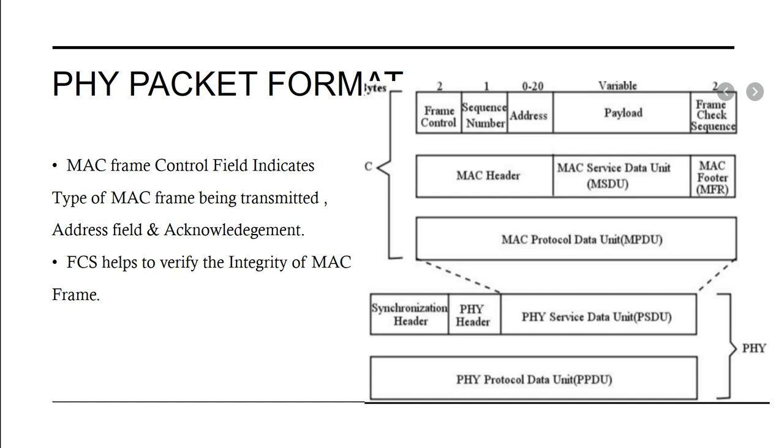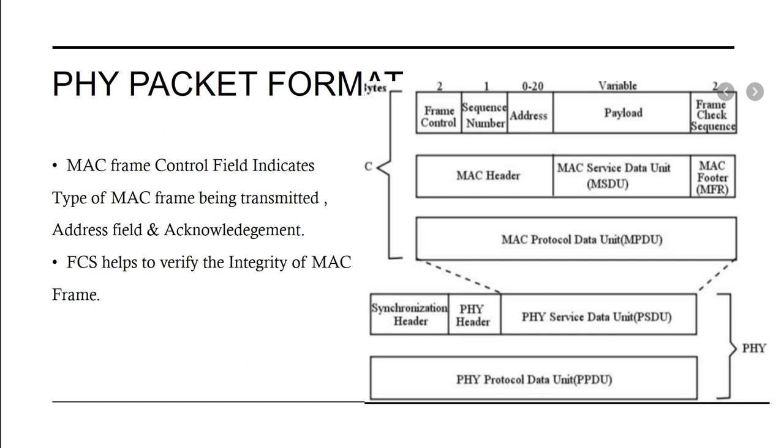So this is the physical packet format. The physical packet format consists of the physical protocol data unit PPDU, which is made up of the synchronization header, then the physical header, then the physical service data unit PSDU. Above that, the MAC layer has the MAC protocol data unit MPDU, with the MAC header, the MAC service data unit MSDU, followed by the MAC footer MFR.